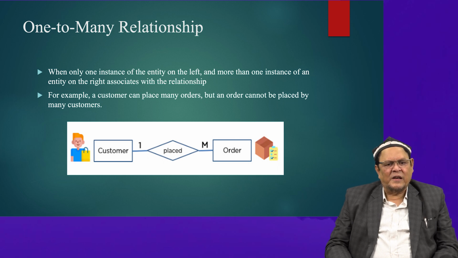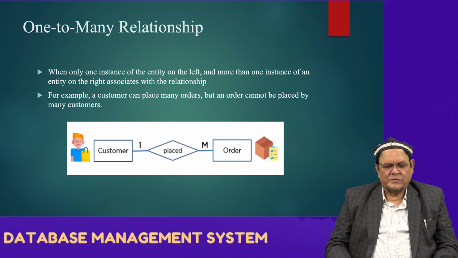This relationship is illustrated by a line connecting the two entities with the crow's foot symbol on the many side. For example, a customer may have many orders, but each order belongs to only one customer.